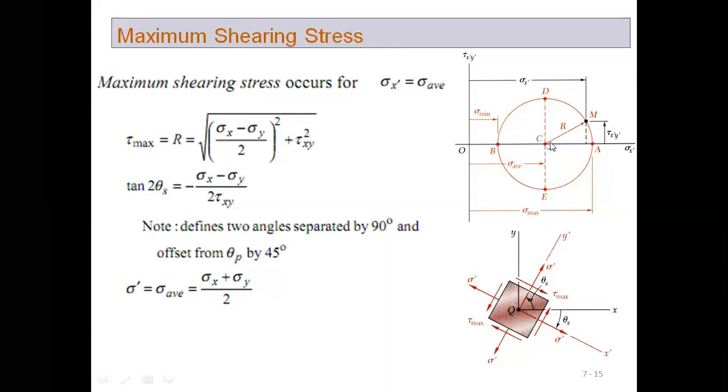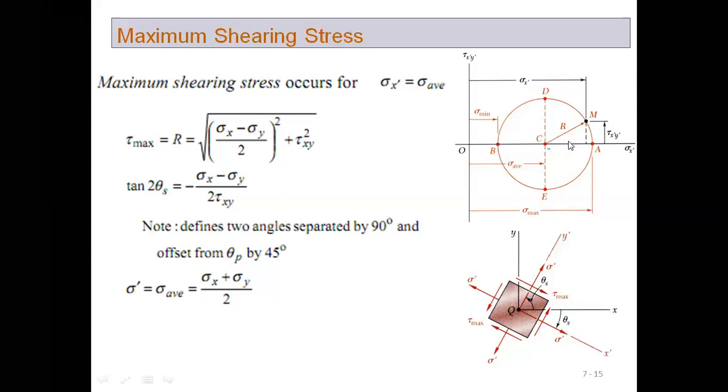But here I'm saying that this line represents x prime and this line represents y prime. In this drawing, the angle between x prime and y prime is 180 degrees, which means that this angle of 90 degrees has been multiplied by 2. So all angles here are multiplied by 2, so it would be twice that angle.